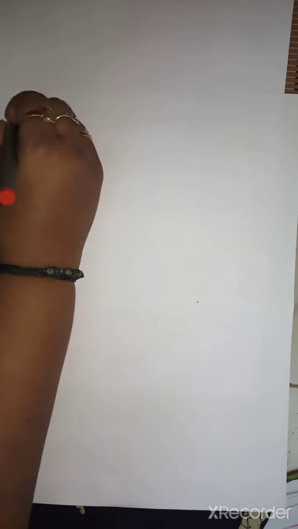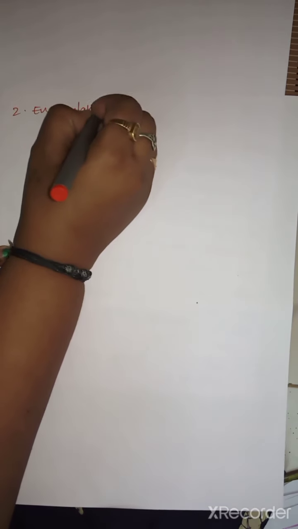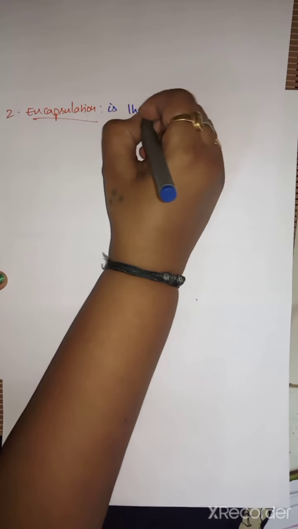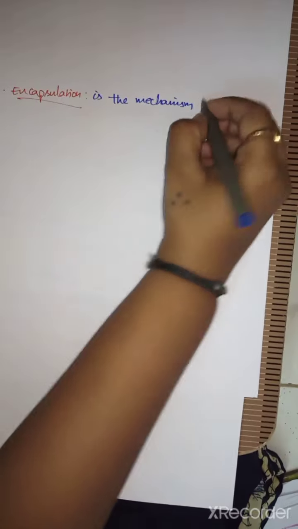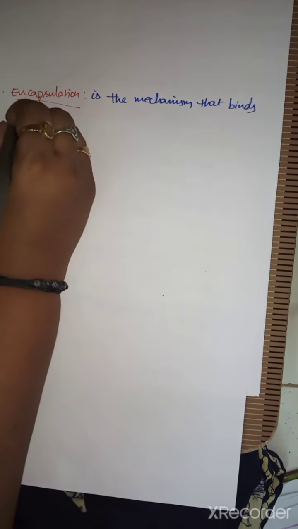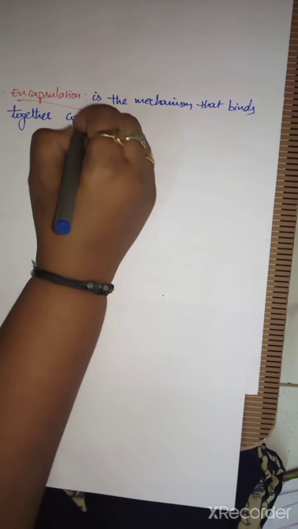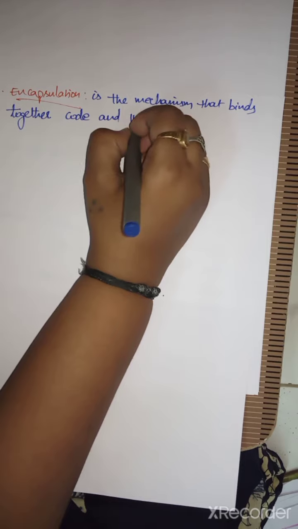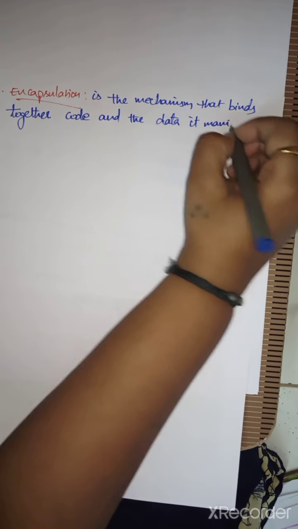Next, let me explain encapsulation. Encapsulation is the mechanism that binds together code and the data it manipulates.